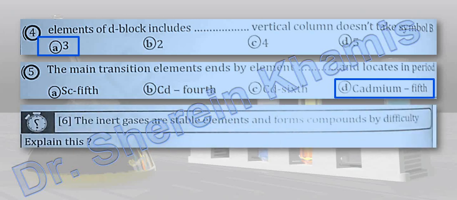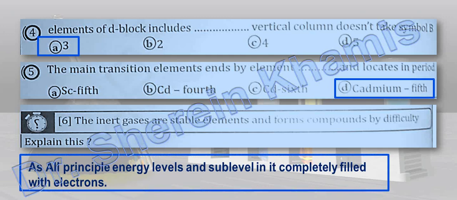Question number 6. We have different kinds of questions: multiple choice and essay questions. Let's start with the question: inert gases are stable elements and form compounds with difficulty.